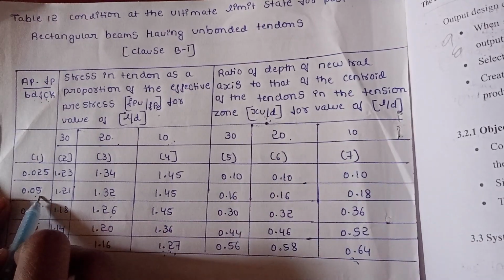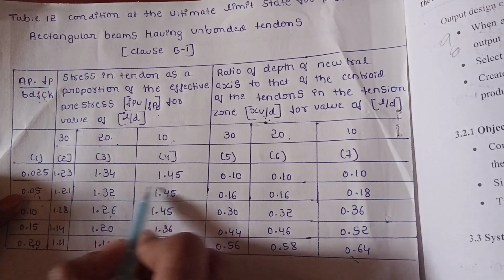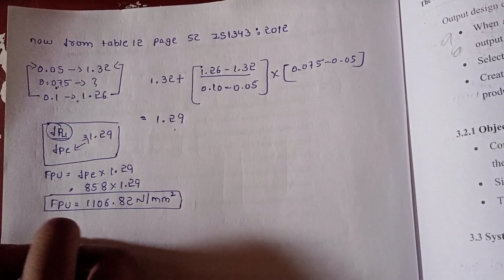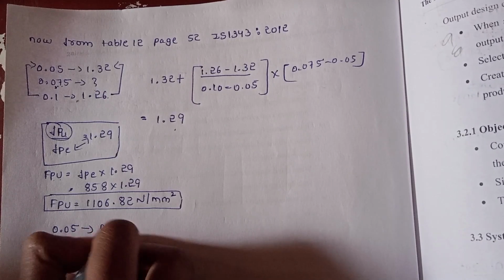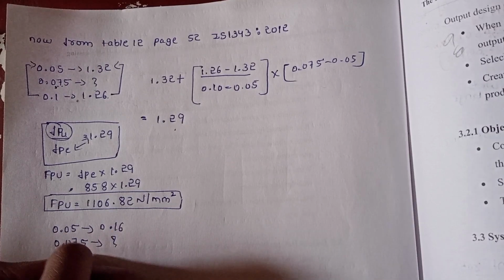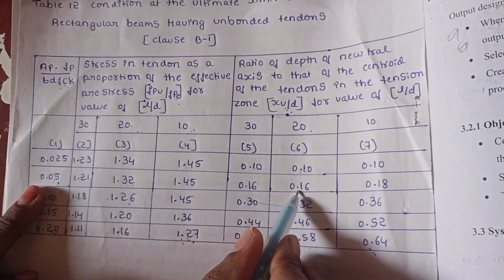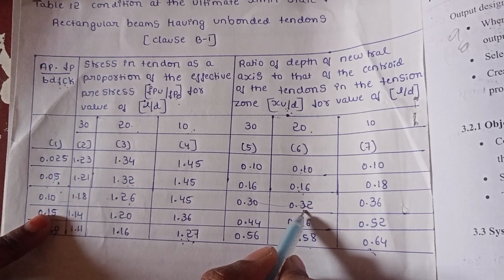We don't know the 0.075 corresponding value, so with the help of interpolation we find it. The 0.05 corresponding value is 0.16 and the 0.10 corresponding value is 0.32. Now we want the 0.075 corresponding value.